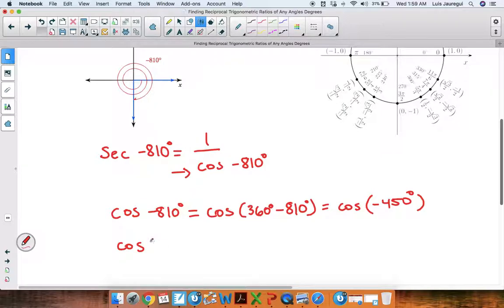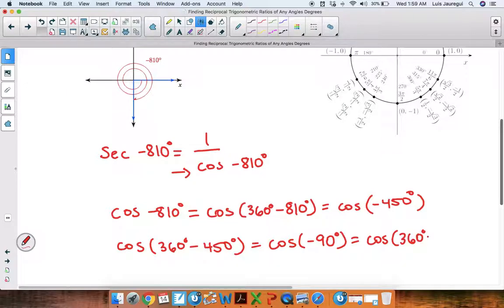Cosine of 360 degrees minus 450 degrees. So that will give us cosine of negative 90 degrees, which is still not an angle on the unit circle. So let's keep going here, and we can say that this is cosine of 360 degrees minus 90 degrees, and that gives us cosine of 270 degrees.